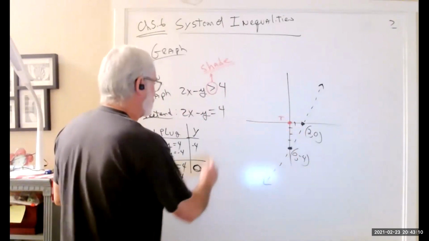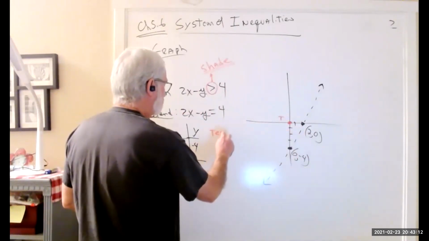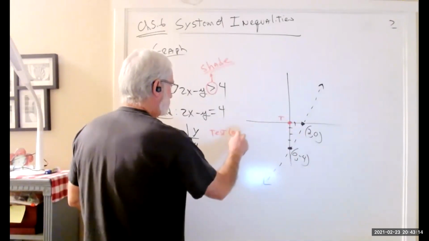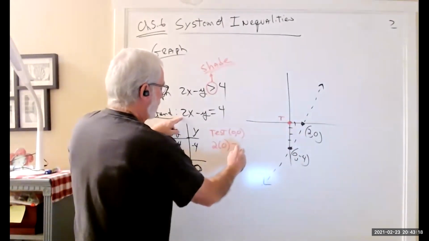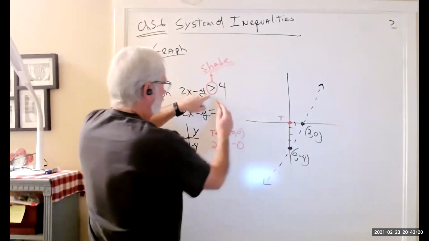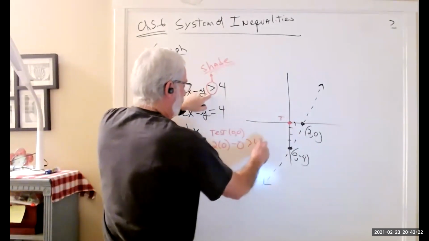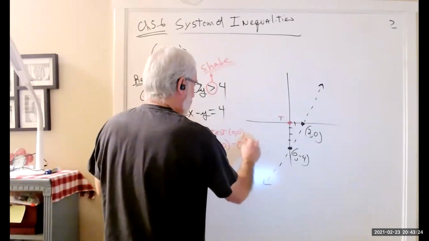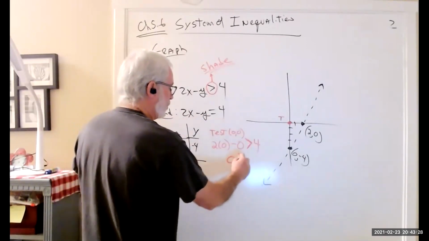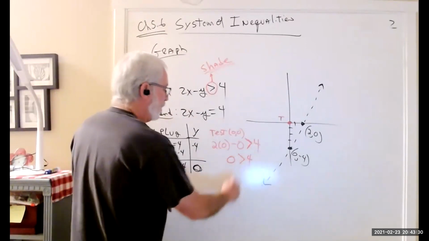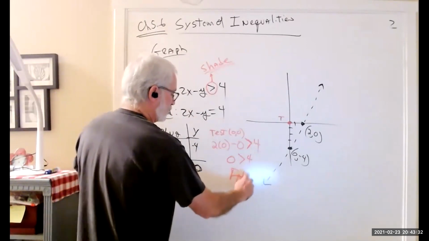So if we test 0, 0, we plug it in here. Is it greater than 4? So do some arithmetic. This becomes 0 is greater than 4. That is false.